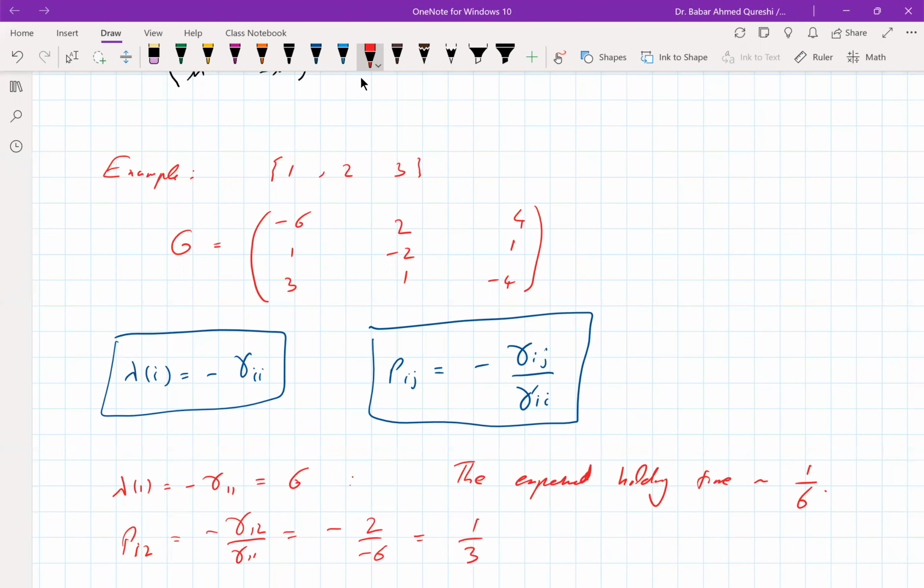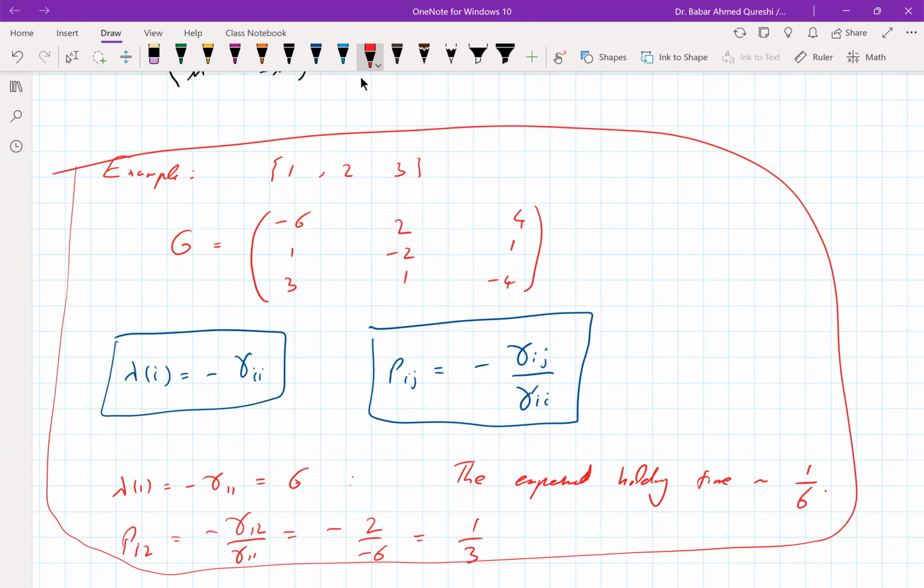The probability of jumping into state 2 is 3. So that's the main structure of this transition matrix in this case of continuous time.